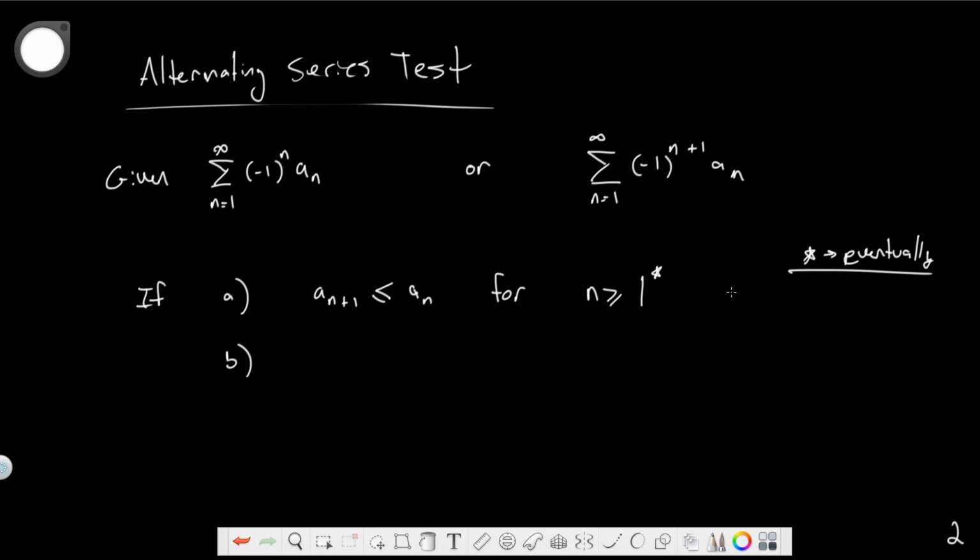It doesn't really matter what's happening at the beginning of a series. Eventually, at some point, if this applies for n equals k, then you can use the alternating series test to determine convergence. So at some point, past 1, I'm using 1 because my definition up here has 1, but it could be 2. And the second thing is if the limit of our sequence as n goes to infinity is 0. If these 2 things are true, then the series converges.